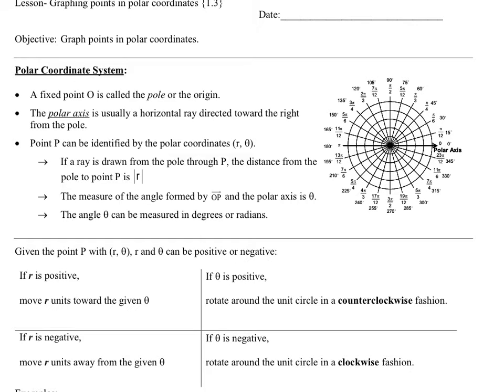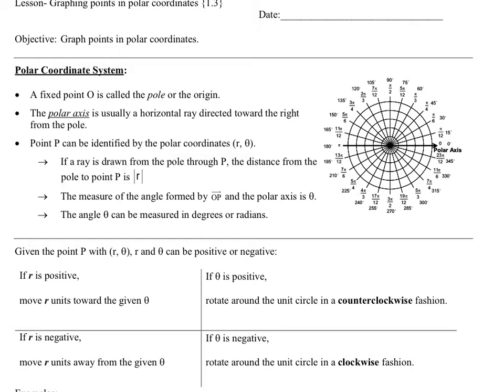If you know those two parameters, then you know the location of a point in the polar coordinate system. That's all addressed here. These are our little cliff notes for that concept.